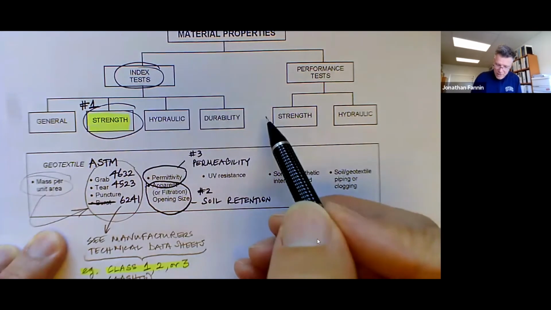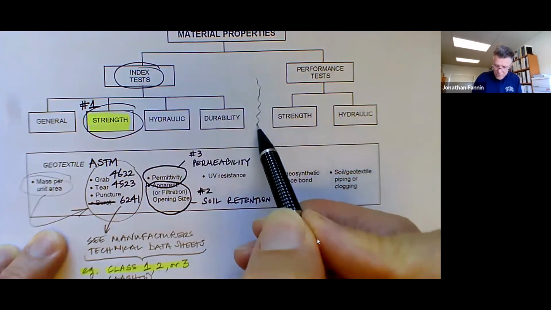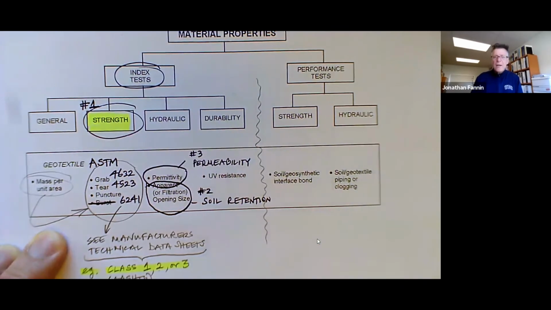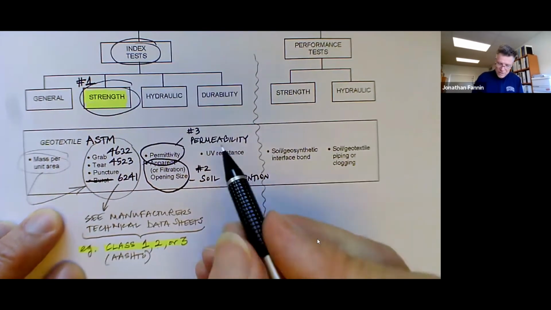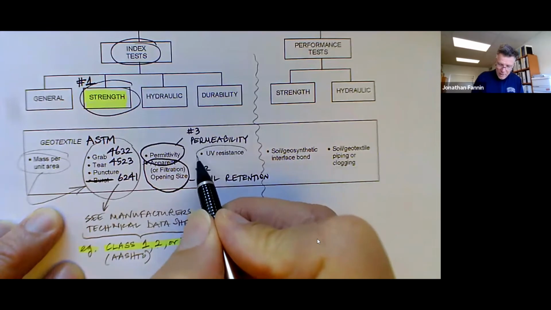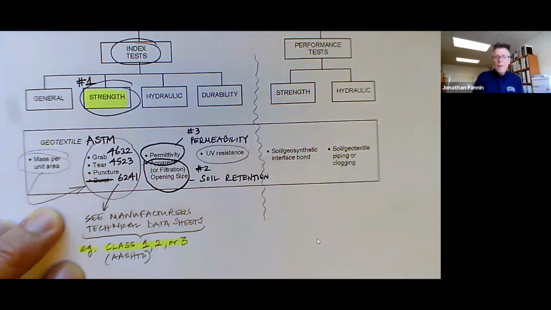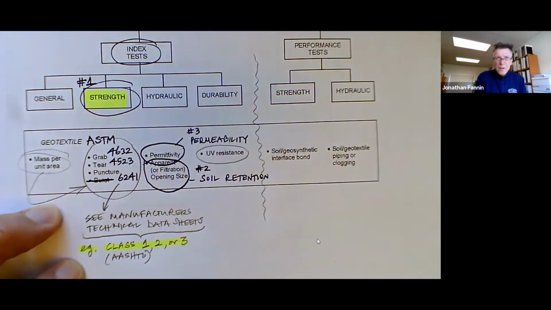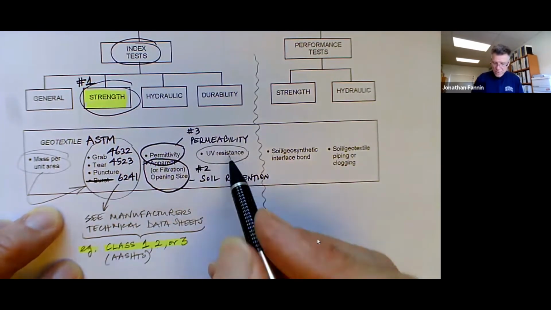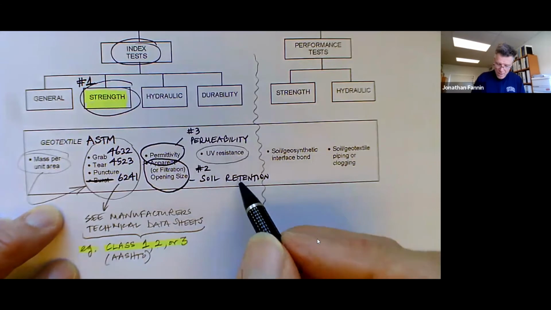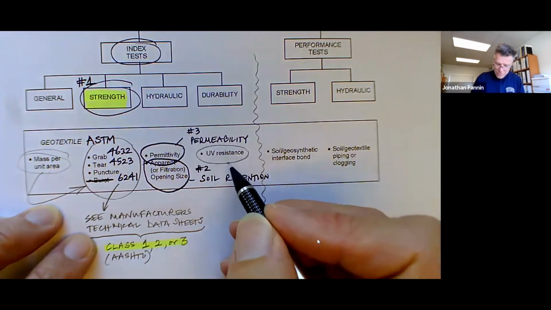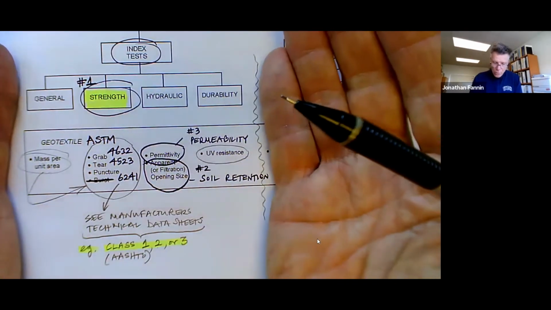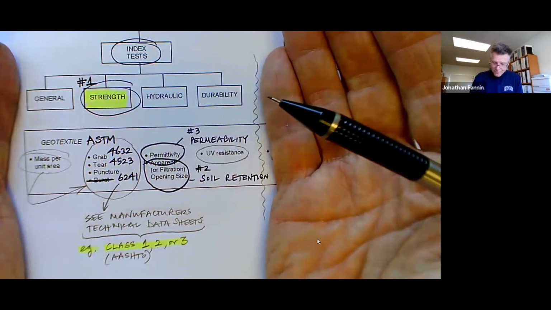And I'm going to say that the UV resistance, if we place and bury within an adequate period of time a material that is treated at the time of manufacture to have adequate UV resistance, for which there is also ASTM, then from a point of view of durability, I'm going to bundle all of that in there.